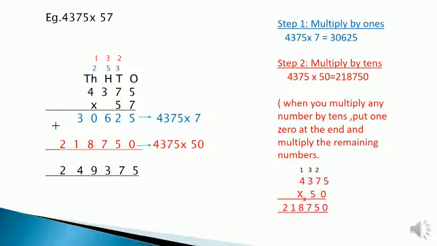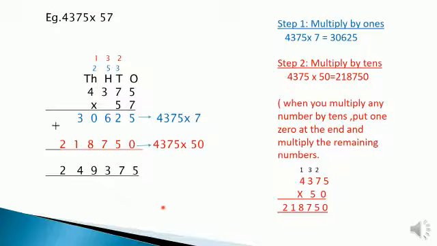Put one zero in the ones place, 5 fives are 25, then 2 carry up, 5 sevens are 35, plus 2, 37, then 3 carry up, 5 threes are 15, plus 3, 18, 8 right there, and 1 carry up, 5 fours are 20, plus 1, 21.